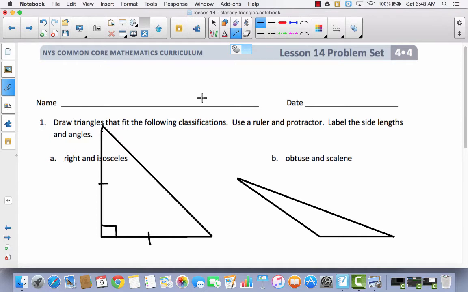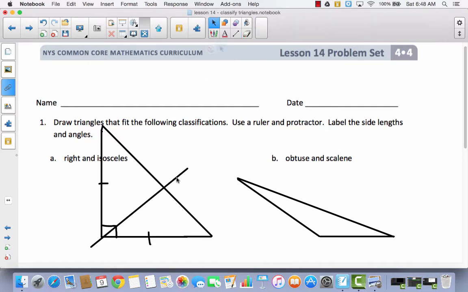See if you can figure out where it is before I tell you. Hopefully you thought right here. This would be the line of symmetry. Again, not perfect. I'm having a hard time with my lines today. If you folded it in half right down this line, they should match up. This one does not have a line of symmetry because all of these sides are unequal, so they can't match up.